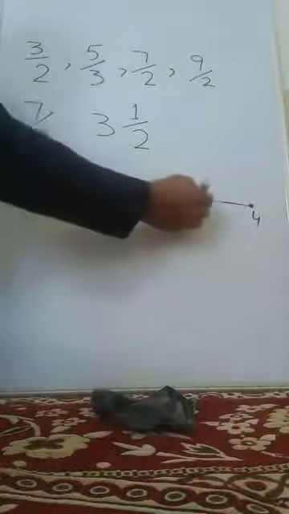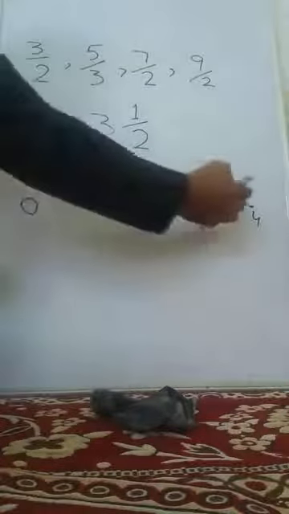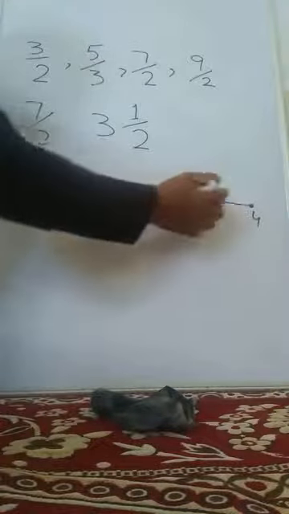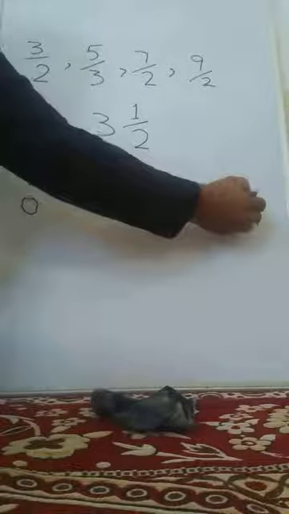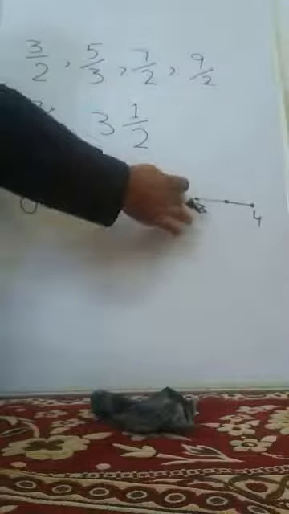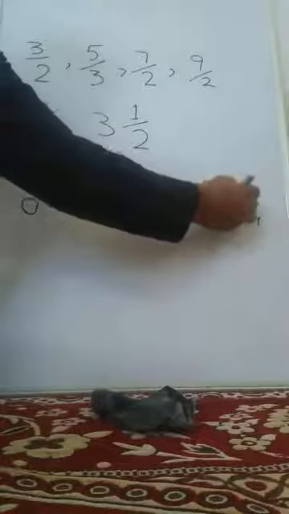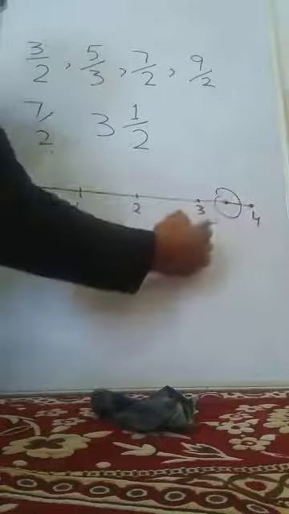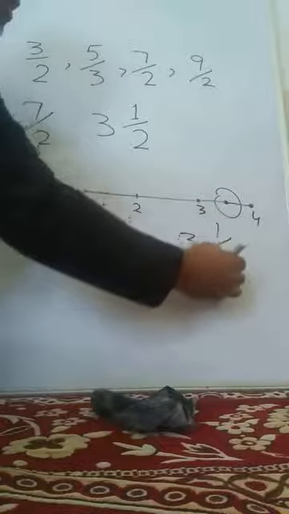We have to represent 3 and 1 by 2. Here is 3 now. From this point to this point it is 1, divided into halves. If we start from 3, this point is 1 by 2, and so this point is 3 and 1 by 2.